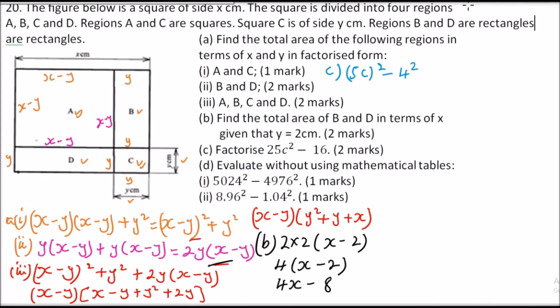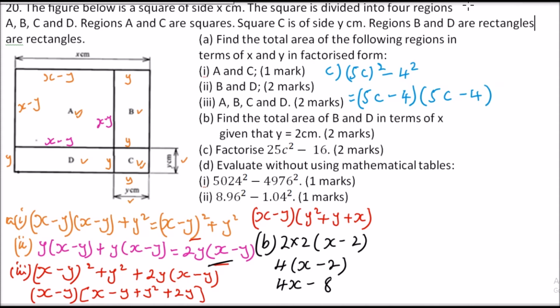So that's a difference of 2 squares, which we can write as 5c minus 4, and you put a bracket, and then you have 5c plus 4. So that is how you factorize that.